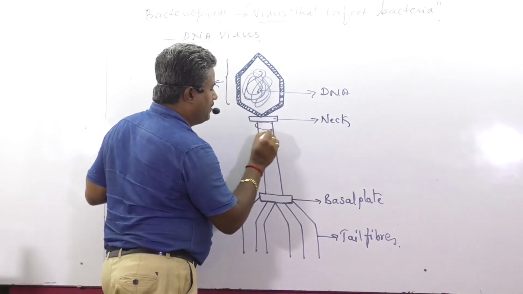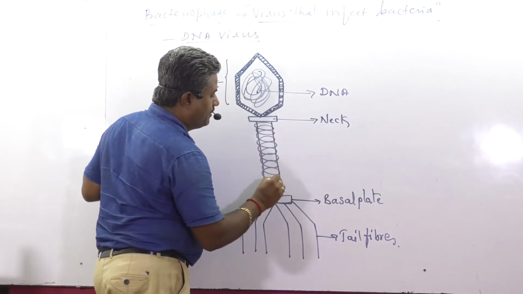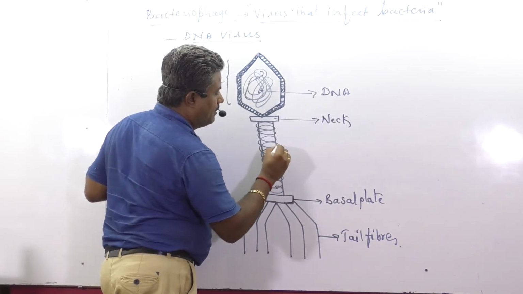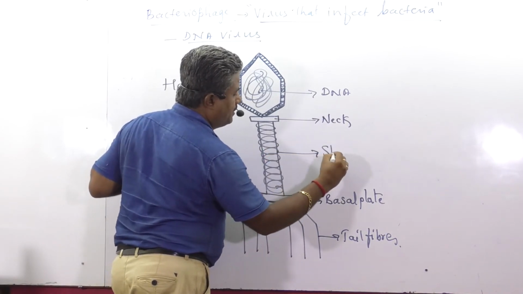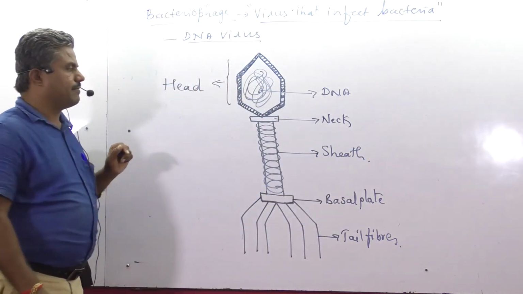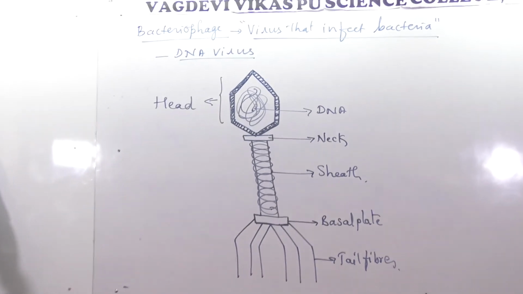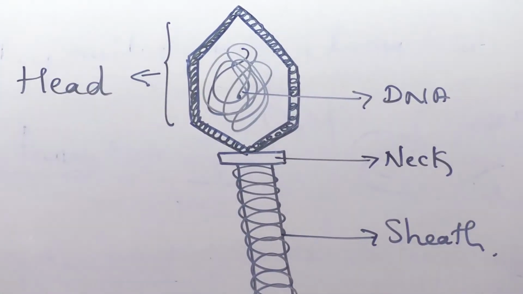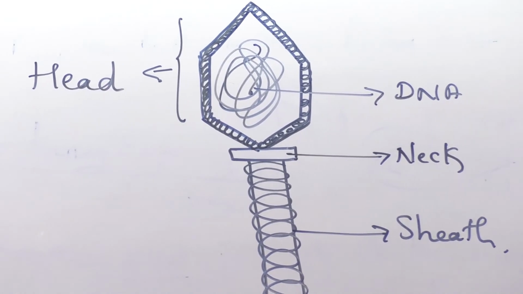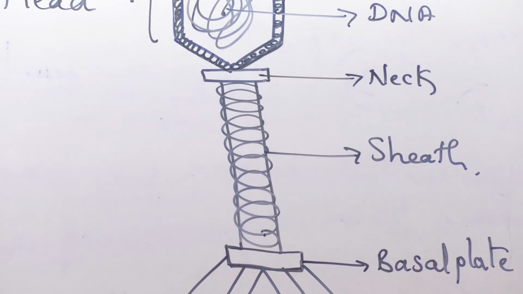This is covered with protein sheath. Head region, collar is there, small neck, tail fiber, protein sheath.